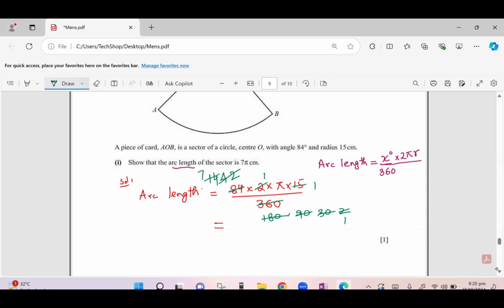So 7 pi is the final answer for this arc length. The arc length will be 7 times pi.